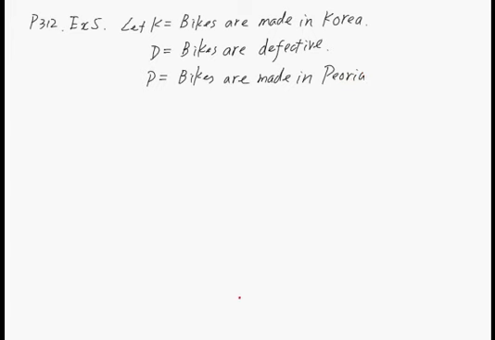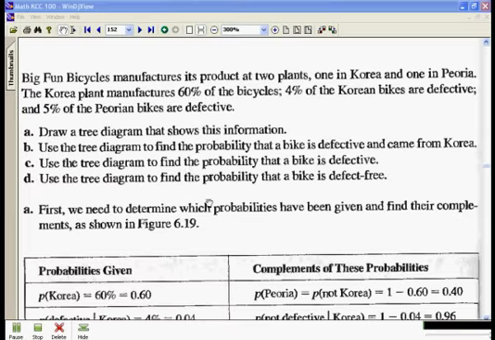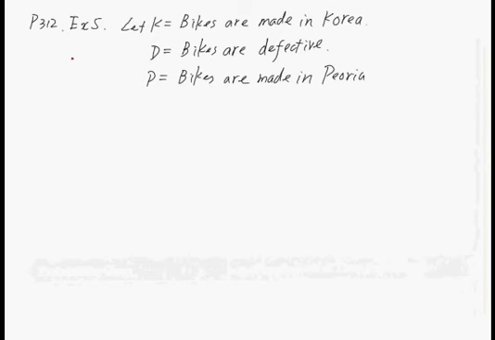Now let's go back to the problem and try to list all those knowns. It says 60% of the bikes are made in Korea. So P of K is equal to 0.6.